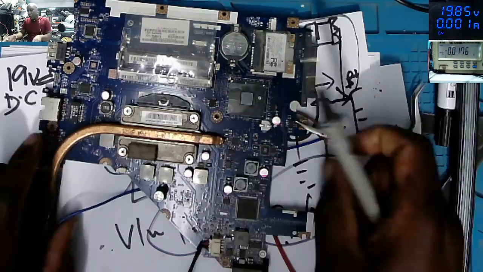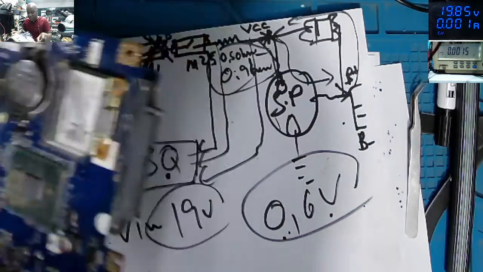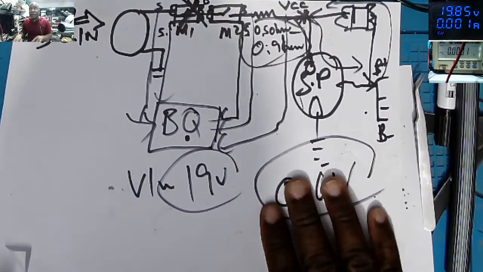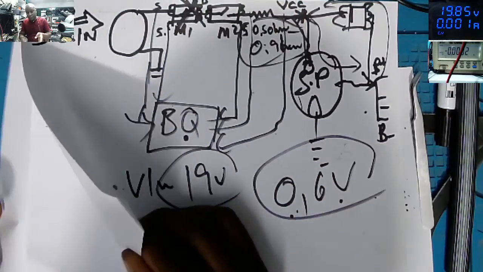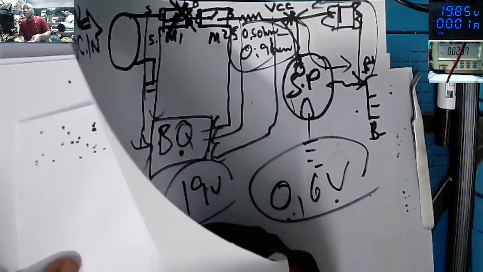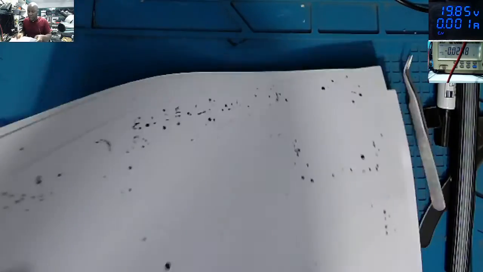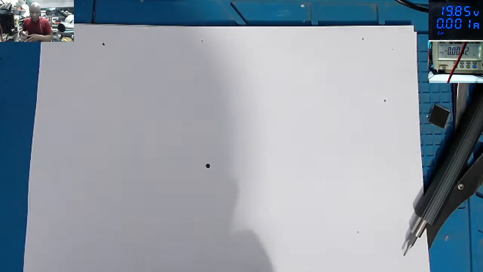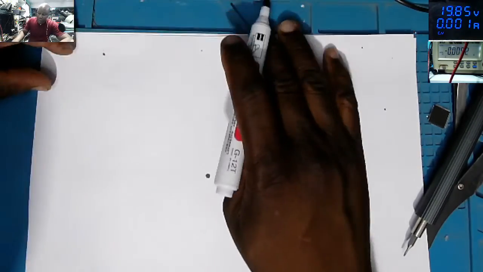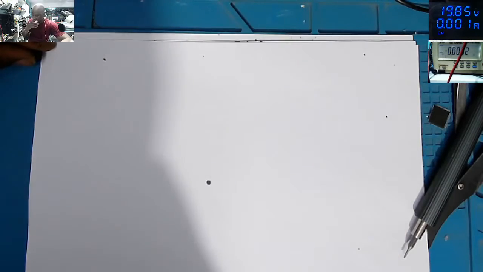Because from this 19 volts here, the 3.3 volts is coming from the VCC point.